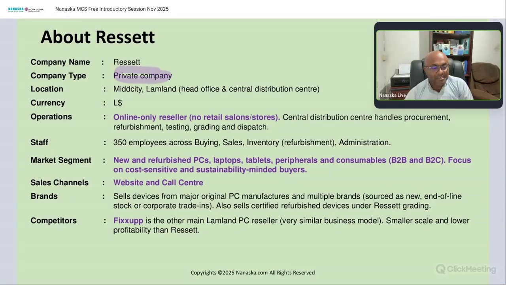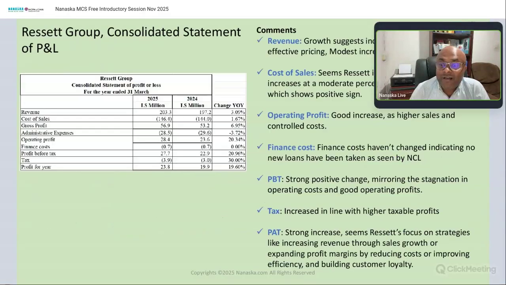We are only in one country, why don't we go global? These are the questions to be asked. It's a private limited company, that means we are not listed. That is one of the reasons.